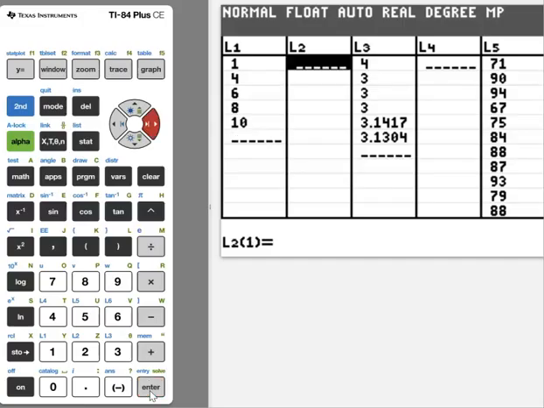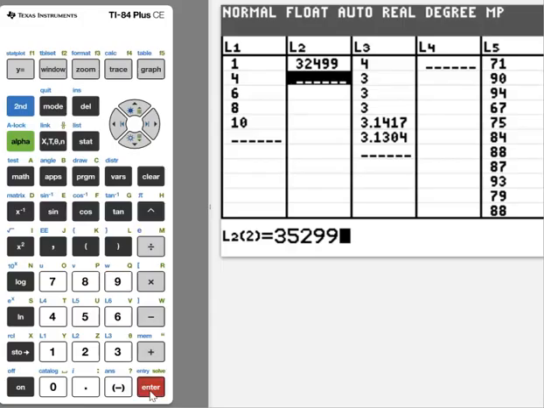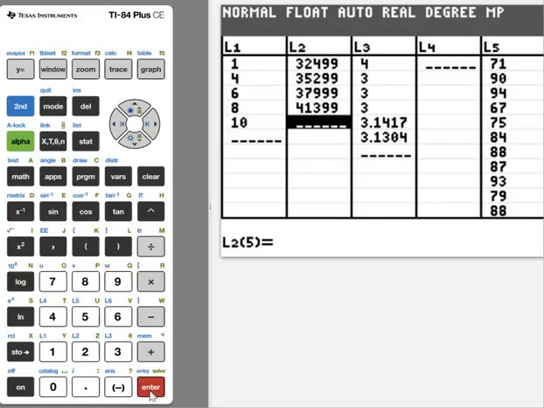All right, so then we're going to come over here and we'll put in 32,499 and then 35,299, 37,999, 41,399, and 43,899.